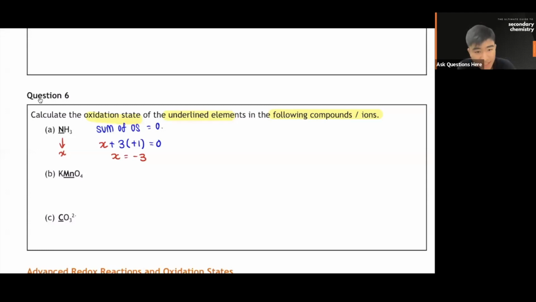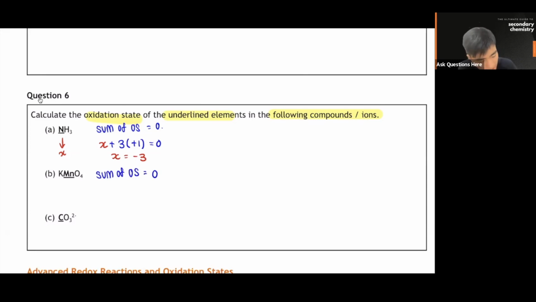Now, the next one over here is KMnO4, potassium permanganate, a very popular oxidizing agent, very popular titration reactant. In this part, we are asked to find out the oxidation state of Mn, manganese. Once again, I'm going to apply the rule that the sum is equal to 0.